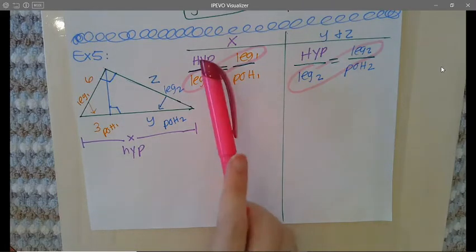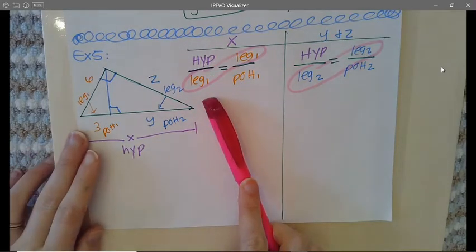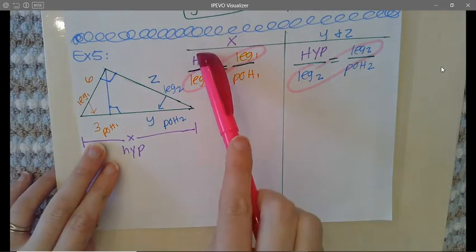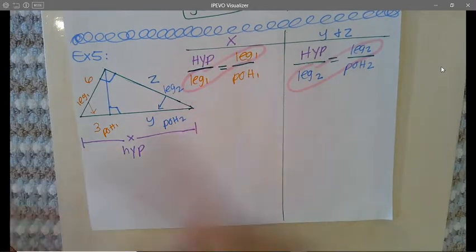The hypotenuse is X, so we're going to have X over leg 1, which is 6, equals 6 over POH1, which is 3. So X over 6 equals 6 over 3. This problem only has one variable, which means I can solve it.